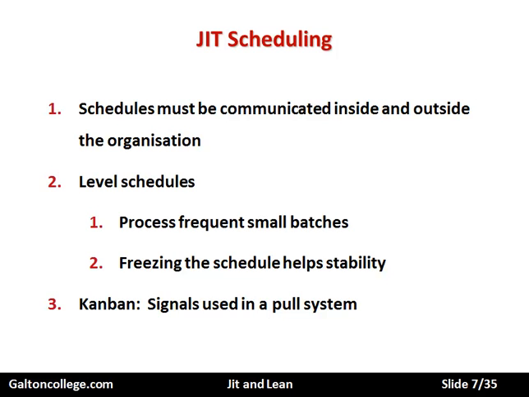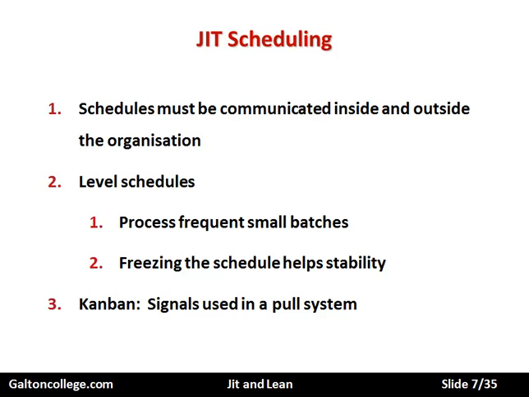Now the other term here is Kanban. There are separate videos on this, and you should look at those. It'll give an insight into Kanban. It's actually a very straightforward system. It simply means there's a card, and on the card will be recorded the date, the quantity of the order, the type of product that's been ordered, and that will tell the producers what to make, what item to make.